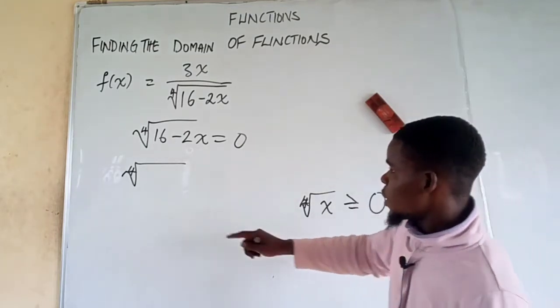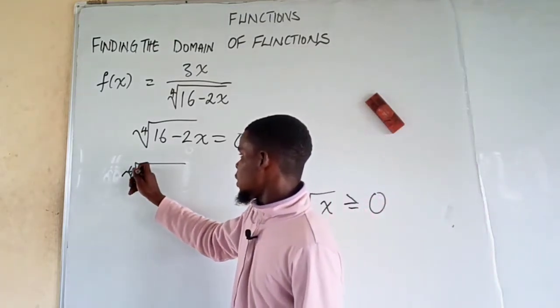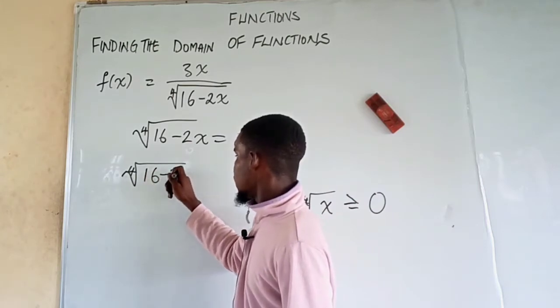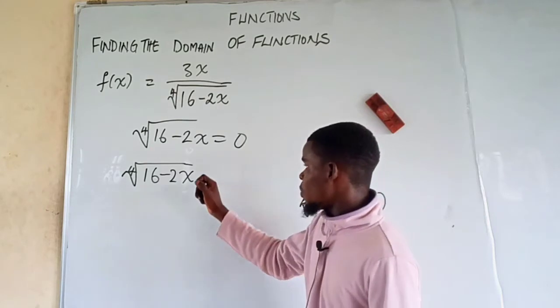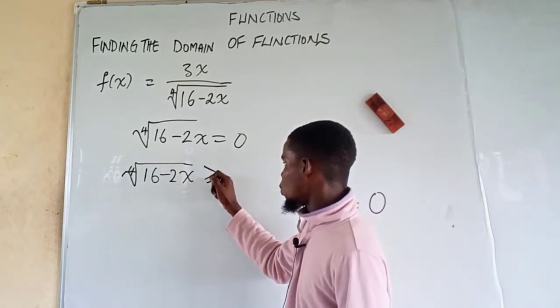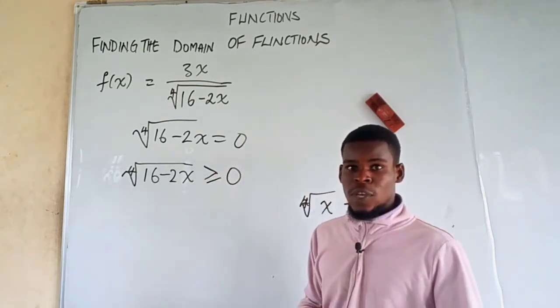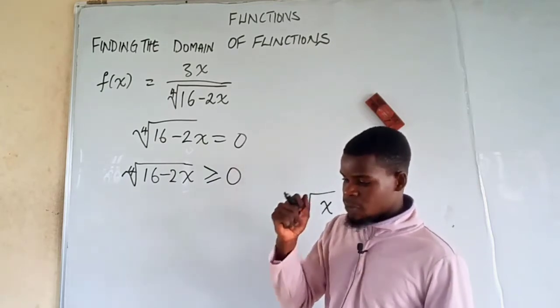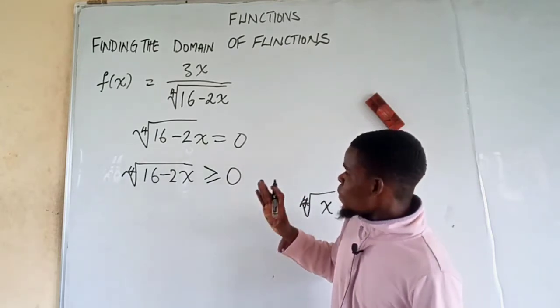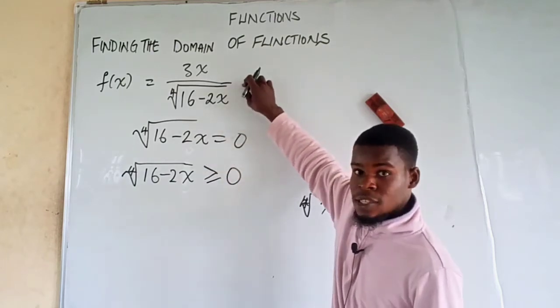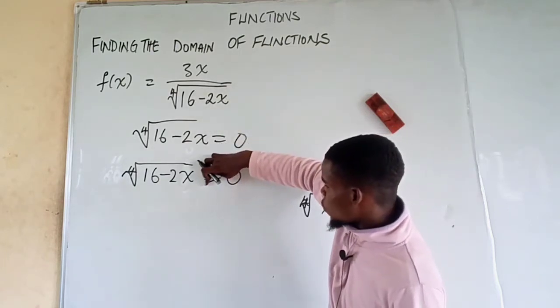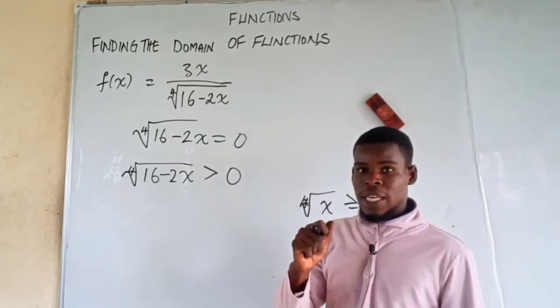So using that fact, it means that 16 minus 2x cannot be less than 0. It can only be bigger than or equal to 0. So if it is not equal to 0, then it must be bigger than 0. Now, if this is equal to 0, it's going to give us a problem in the denominator. So the only thing we should consider is that this should be bigger than 0.